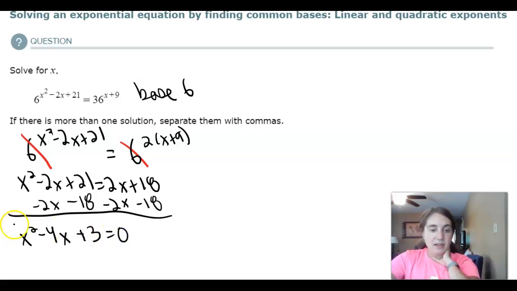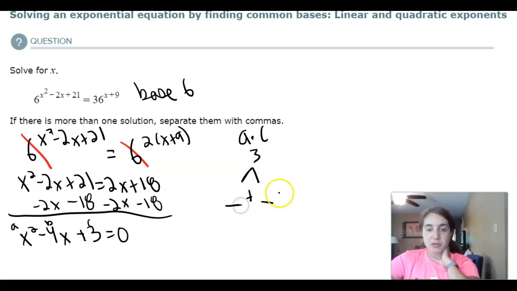I need an ABC tree for this. So A times C is 3. What two numbers multiply to 3 but add to my B of -4? Those two numbers would be -3 and -1.